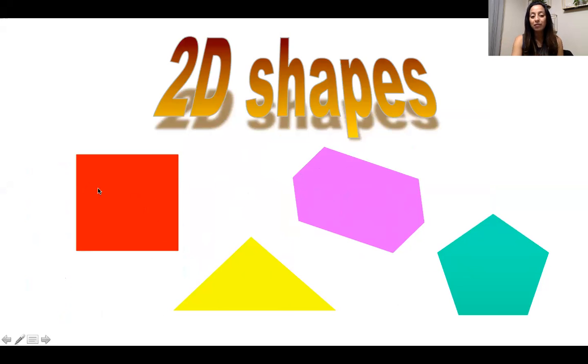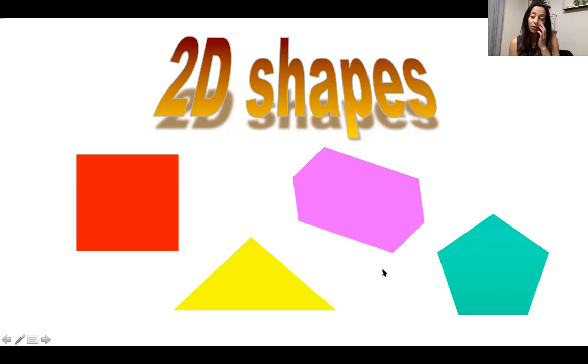A quadrilateral always has 4 sides, 4 vertexes, and 4 angles. A triangle always has 3 sides, 3 vertexes, and 3 angles. A hexagon always has 6 sides, 6 vertexes, and 6 angles. And a pentagon always has 5 sides, 5 vertexes, and 5 angles.